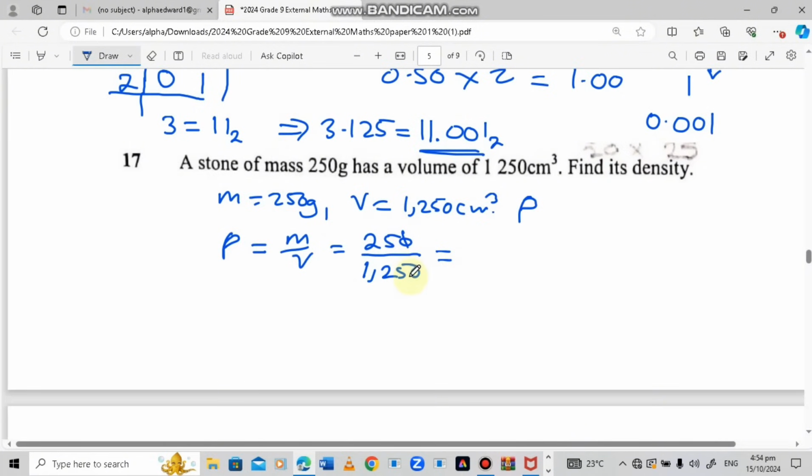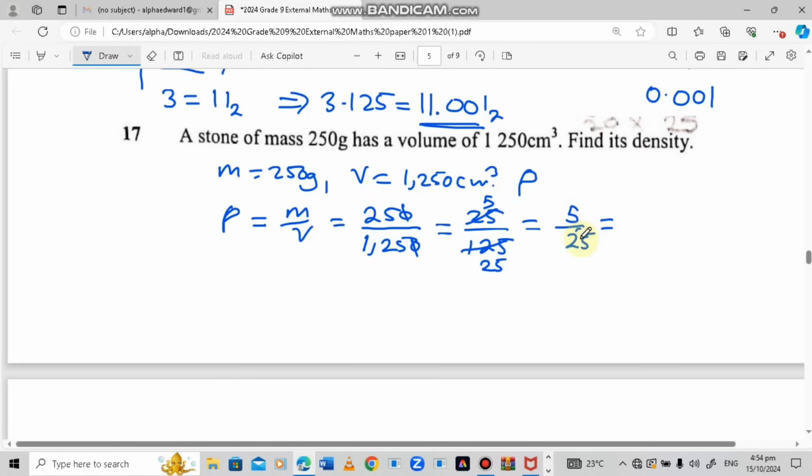So here we can divide this. Remember, you don't require a calculator. So we're going to have 25 over 125. Again, a 5 can go in there. 5 in 5, 5. 5 in here is 25. So we are having 5 over 25, and 5 can go in both numbers. 5 into 5 is 1, 5 into 25 is 5.